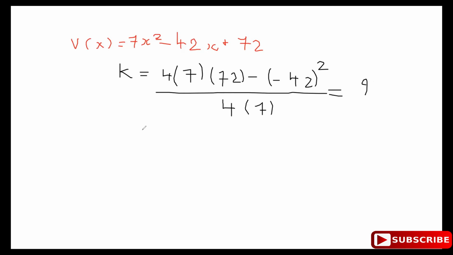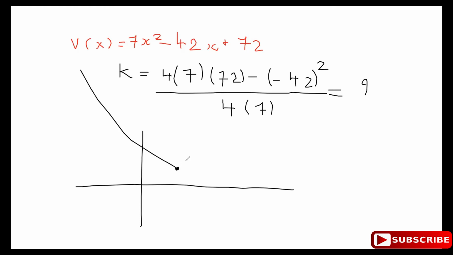All right, so all that means is if you were to draw the quadratic to represent this function, it looks something like this. It cuts the y-axis at 72, and this y value right here is 9.